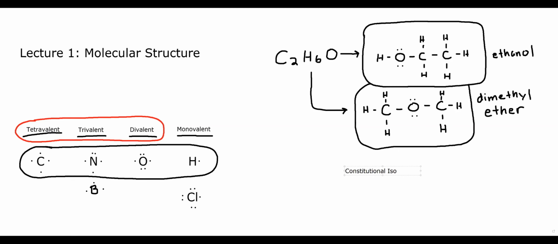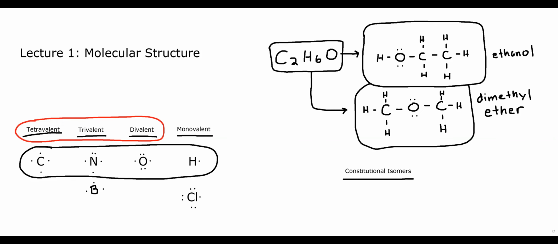So what we call these is constitutional isomers. Ethanol and dimethyl ether are constitutional isomers because they have the same molecular formula, but different structure, different connectivity. They have a different constitution.